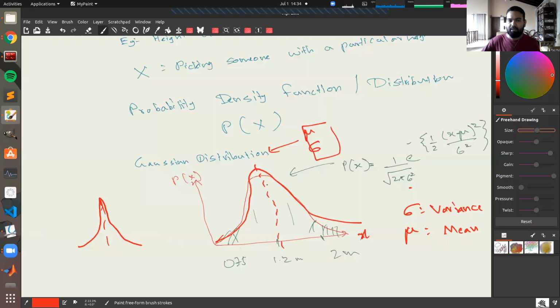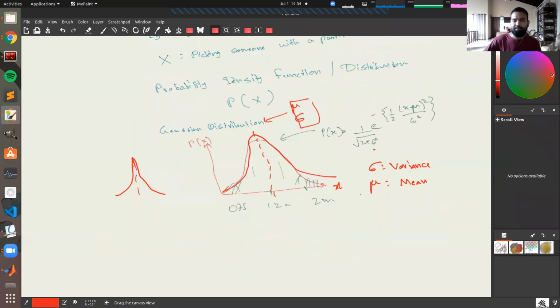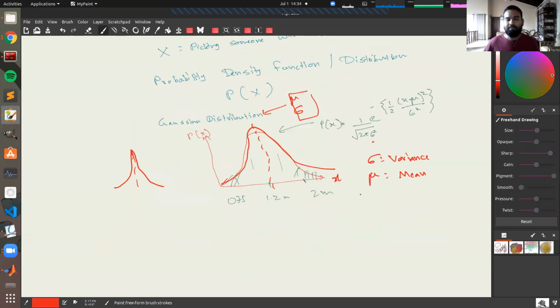For example, if Gihan asked me what's the Gaussian distribution of our sensor, all I have to give him is mu and sigma, right? I just have to tell him what the mean of my sensor is, like the average value, as well as the variance, like the noise, or how far away it is distributed from that mean. And then he can plot this Gaussian distribution himself, right? So all we need are these two parameters.